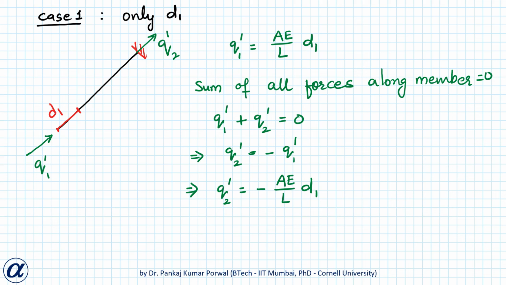So these two equations denote that if we fix the node 2 of the member and apply a displacement D1 at node 1 along the length of the member, then the force developed at node 1 will be AE by L D1, and force at node 2 will be equal to minus AE by L D1.